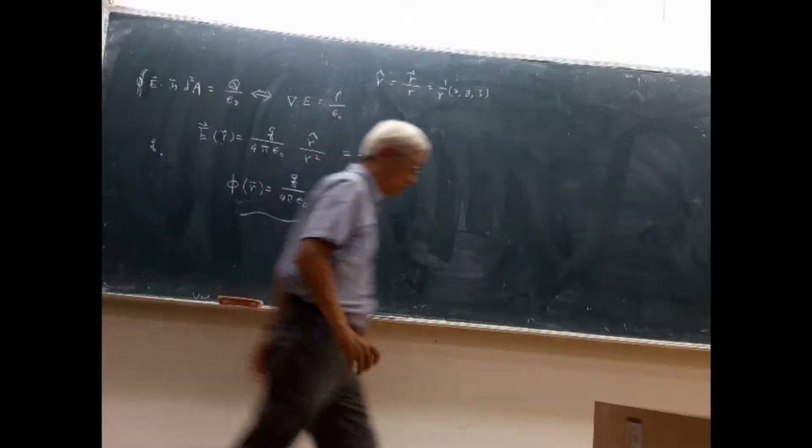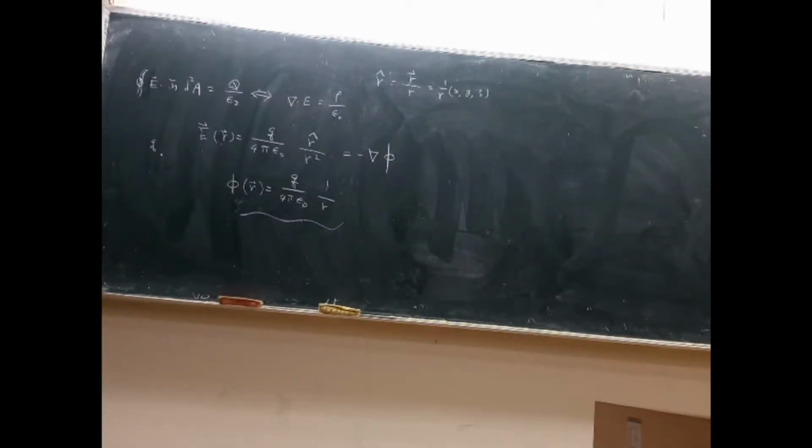The electric potential produced by a charge Q at the origin is given by this one.